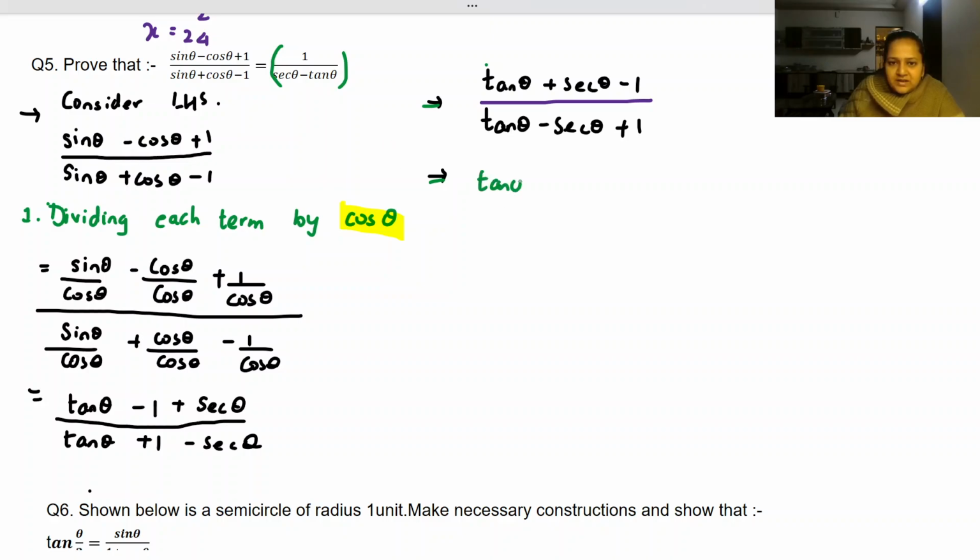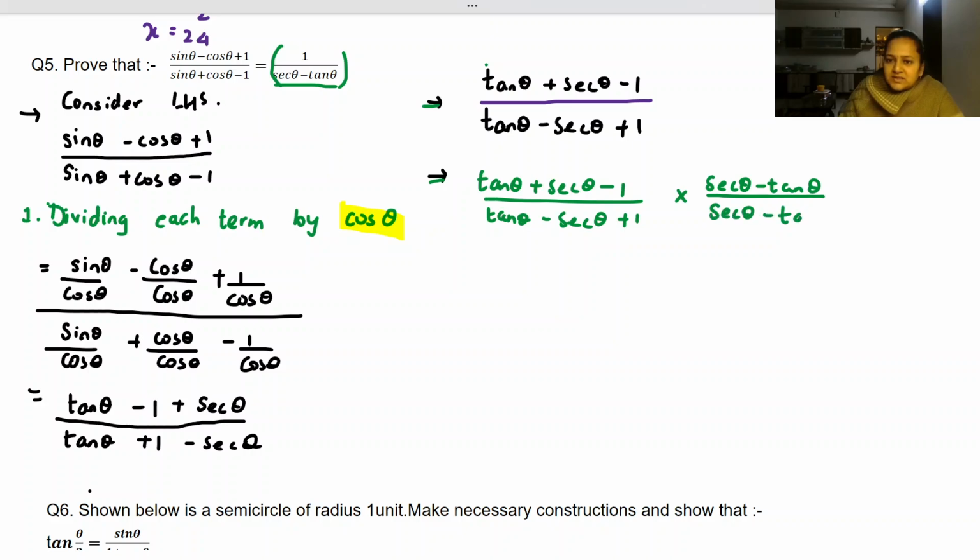We have tan θ + sec θ − 1 upon tan θ − sec θ + 1 into sec θ − tan θ upon sec θ − tan θ. We have not changed the question. We have just multiplied and divided, so at any moment you cancel and we get back our original step.